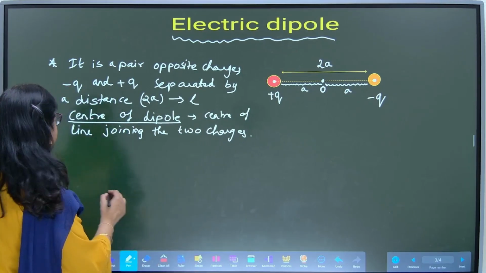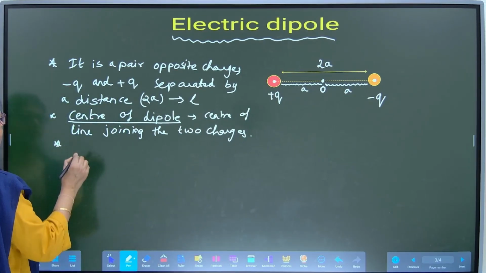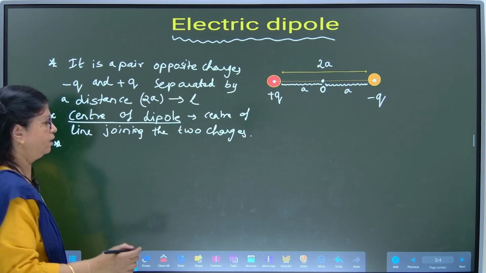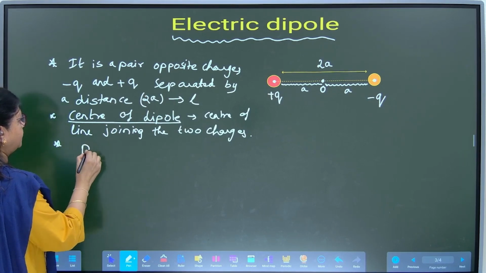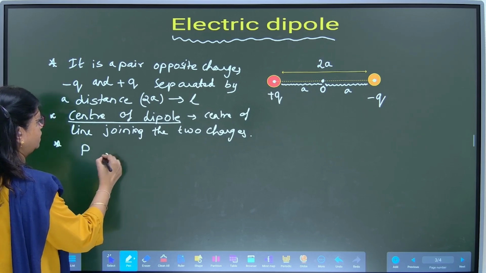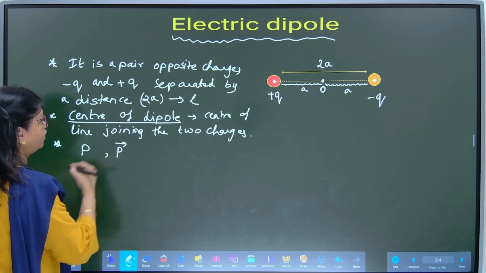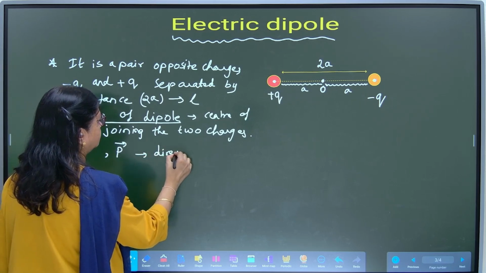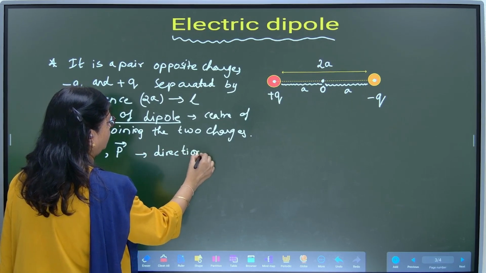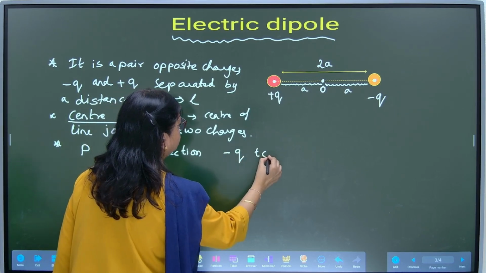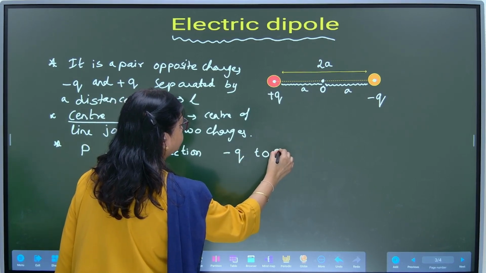Okay. Now I go to another feature: how can you denote an electric dipole? The symbol of electric dipole is capital P. And if we want to know the direction, it can be written as P arrow, where the direction of electric dipole is always taken from negative q to positive q.